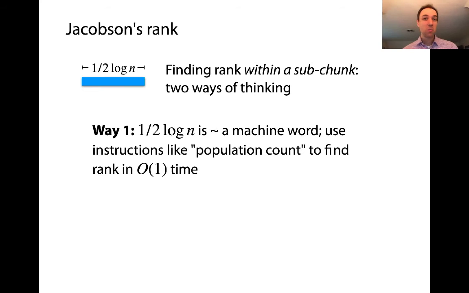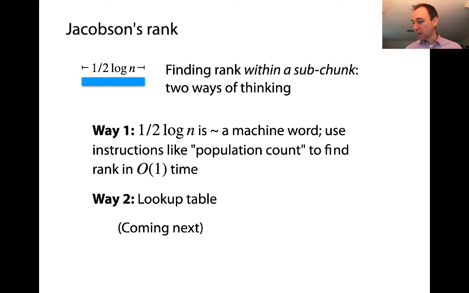So we could say that we can use a constant number of instructions and solve the rest of the problem within the subchunk. It's really just a trick of making sure we get exactly the right bitwise operations so that we're selecting the bits we're interested in, and then we're able to count them in a constant amount of time, a constant work. So that's one way of thinking about it.